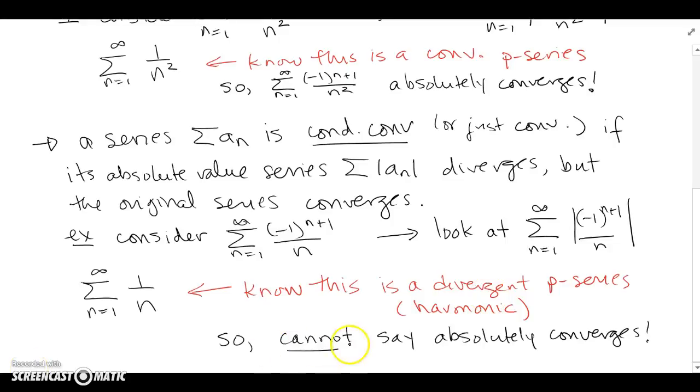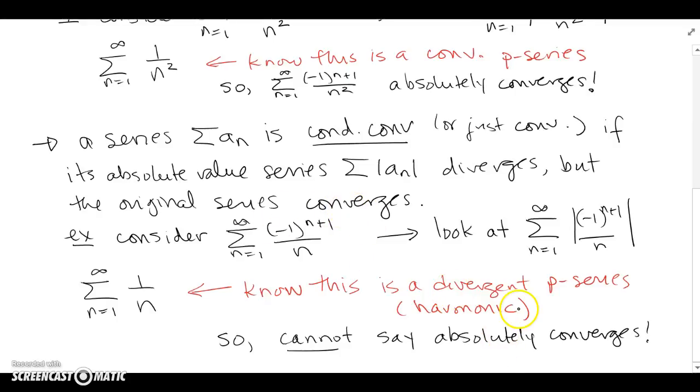So we cannot say that this absolutely converges, because when we took its absolute values, it did not converge, it diverged. So now I have to look at the original series and see what happens there. If it doesn't absolutely converge, I can go back and resort to the original series.